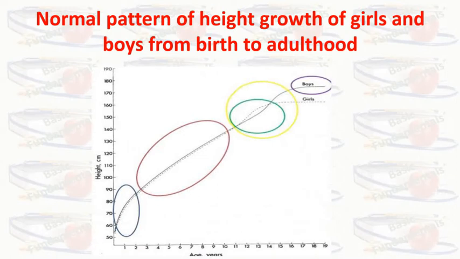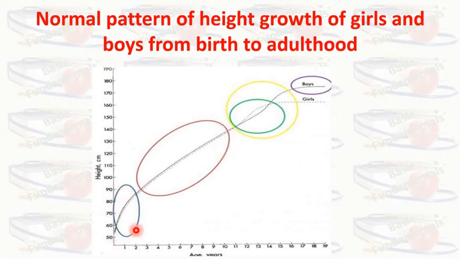Now see this. This blue circle represents fast growth in infancy. When the child is less than 2 years of age, he grows more rapidly than usual. This red circle is long period of steady growth from age 2 to 10 years.